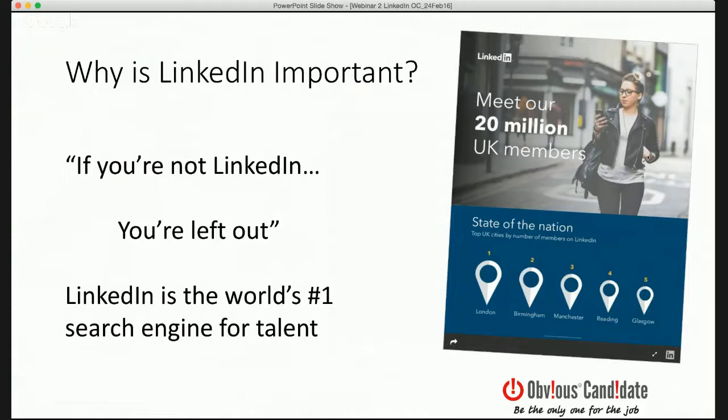So if you're outside the UK, there's even more. I believe there's about 400 million in total around the world. But we've got 20 million in the UK. Now think about that. If we've got about 75 million of us in the country, there's a lot of people who are retired. There's tons of kids in school. If you think about the working population, most of us are on LinkedIn. So if you're not on LinkedIn, you're left out. And that's why it's so important.